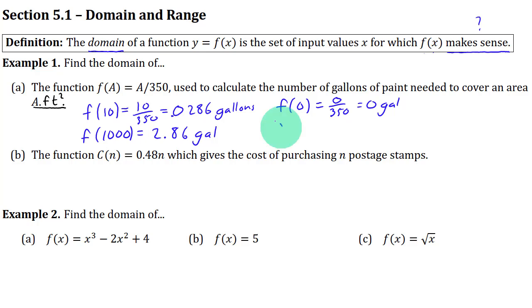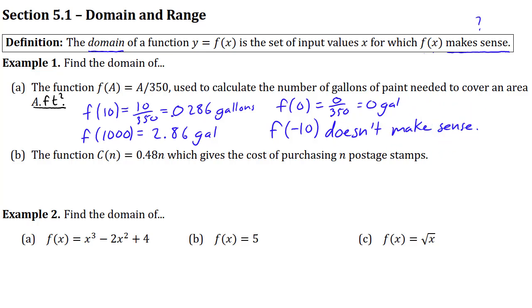But what about f of negative 10 square feet? You could plug it into the formula and you'll get negative 0.0286 gallons, but negative square feet don't really exist in this universe. It doesn't make sense. So that's what we mean by something that doesn't make sense.